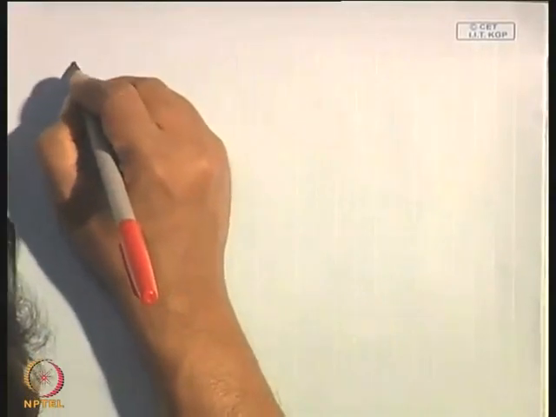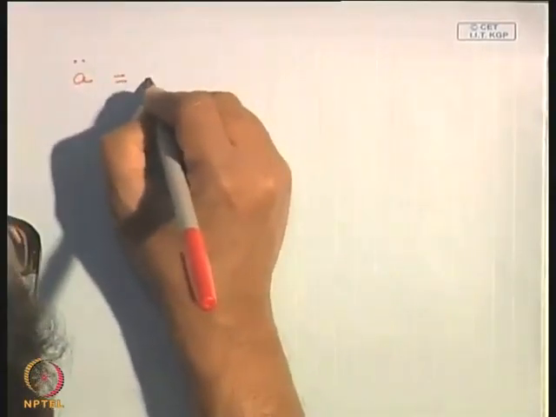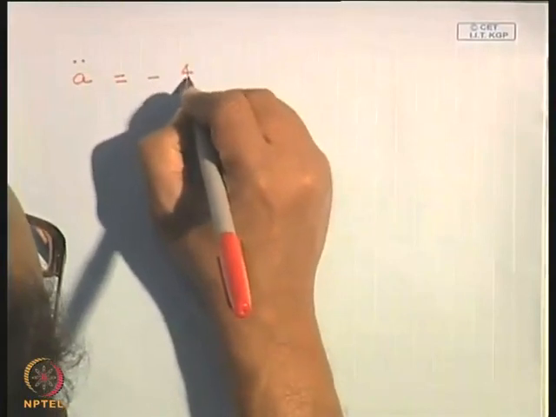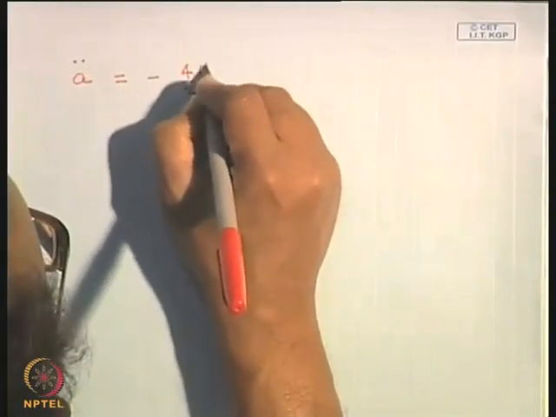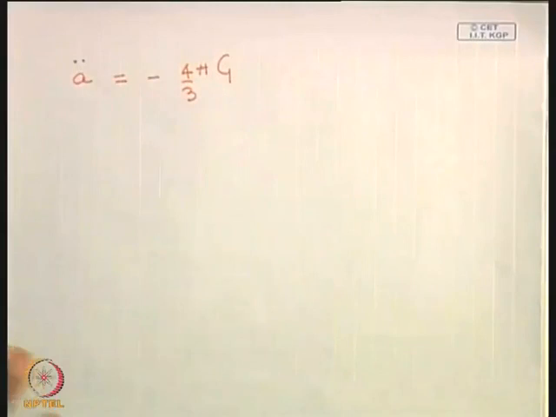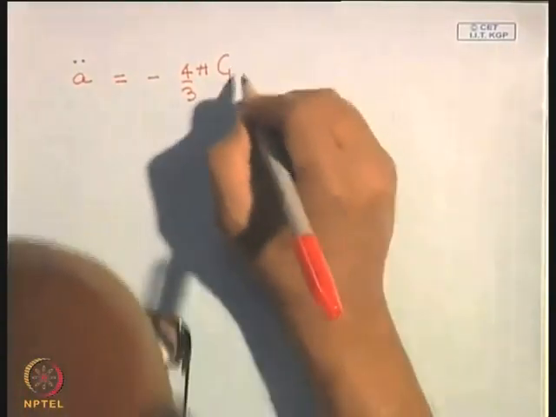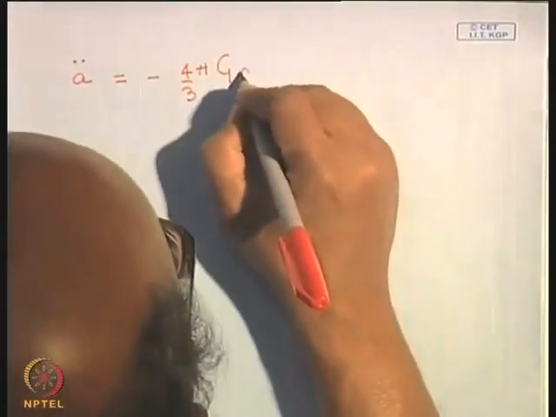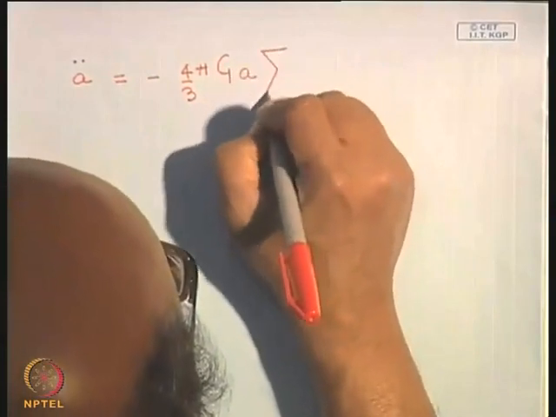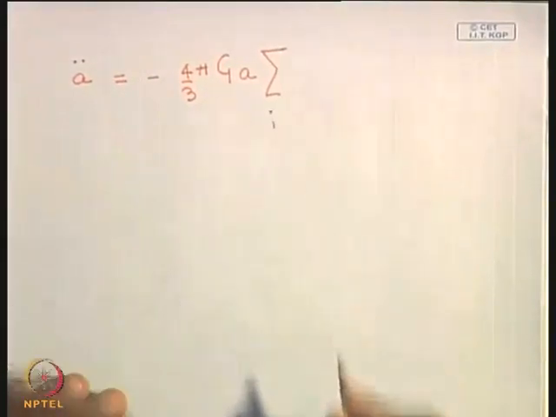So let me write down the equation. The equation is a double dot is equal to minus 4/3 pi G into a into the contribution from all the components in the universe.